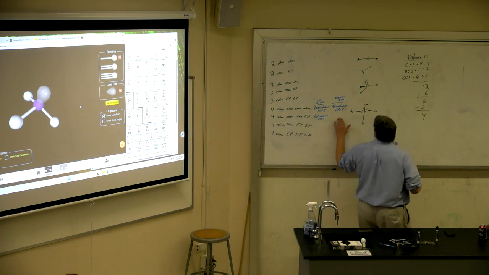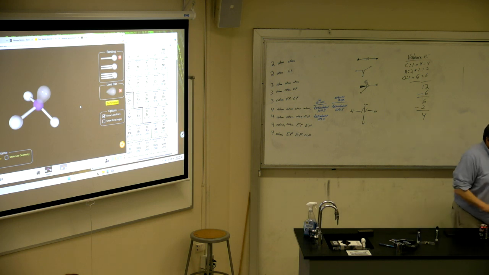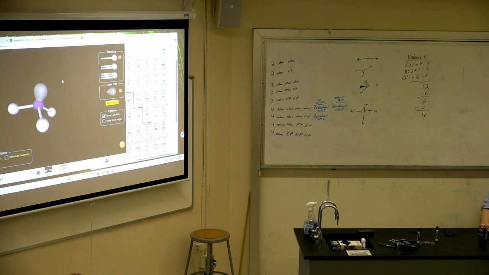What I'm going to put here for molecular shape for this one is you ignore that pair of electrons, you kind of pretend it's not in there, and you look at what's left. It is there, but for this idea of molecular shape, we look at just the atoms.